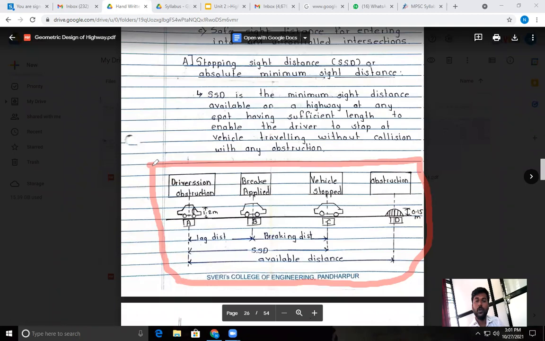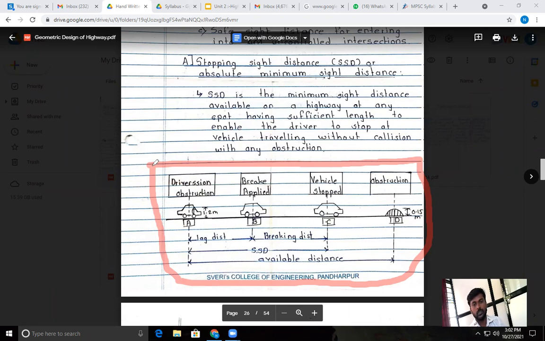Then he decides to apply the brake at position B. He applied the brake. Then by applying the brake, the vehicle travels some distance, and that distance is taken as the braking distance.